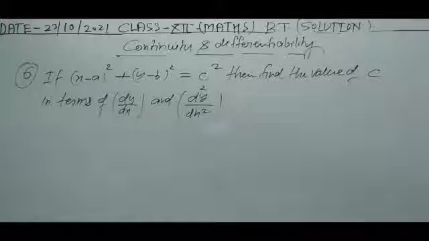So first of all, you will see, this is the given equation x minus a whole square plus y minus b whole square is equal to c square. This equation represents the equation of a circle having center coordinates a comma b and radius c.